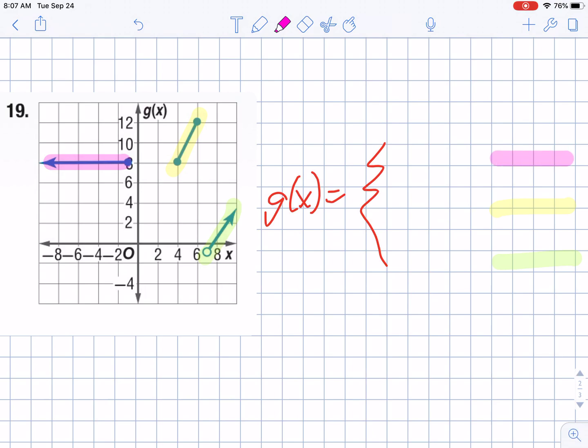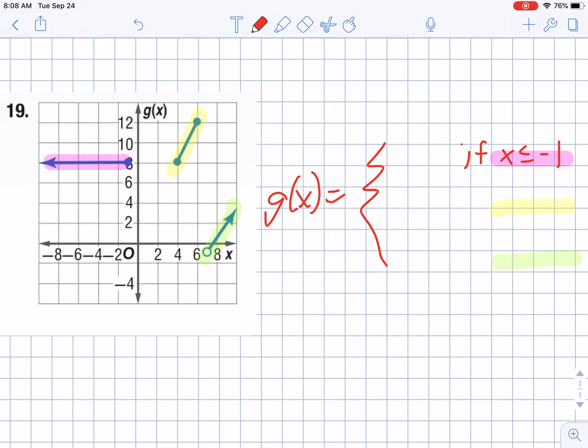For the pink one, if you notice, x is at -1 or thereabouts. So I'm less than or equal to -1 because the point is filled in.